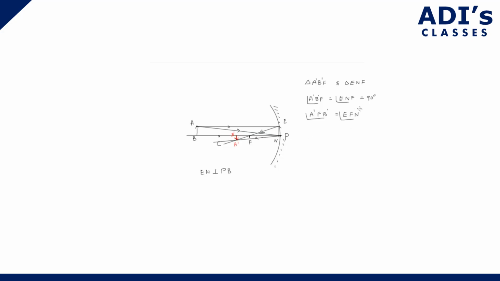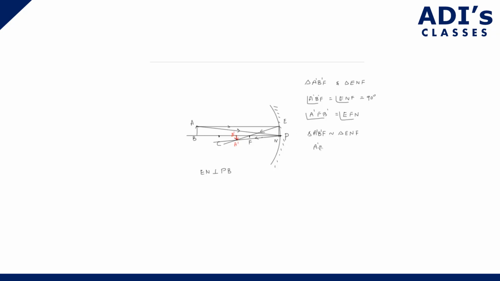So if two angles are equal, then obviously the two triangles are similar, correct? So we have triangle A dash B dash F similar to triangle ENF. Since these two are similar, sides will be proportional, correct? So we have A dash B dash by EN.